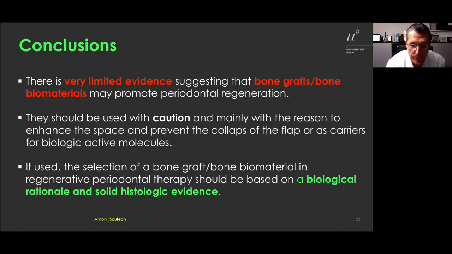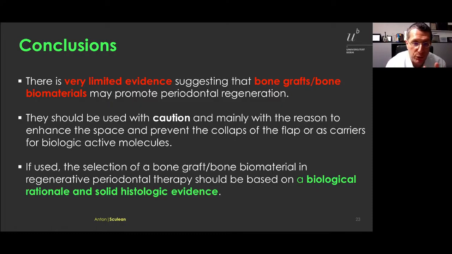active molecules. In other words, we still may use a graft, but keep in mind that the graft itself is rather a carrier and stabilizes the wound, and itself it doesn't promote regeneration. However, when we select a graft or a bone biomaterial, our selection process should be based always on a biologic rationale and on a solid histologic evidence.